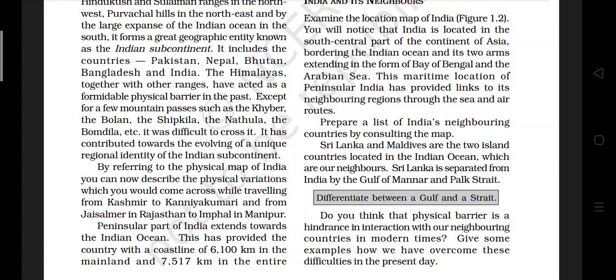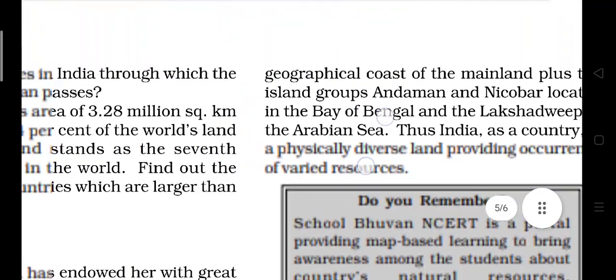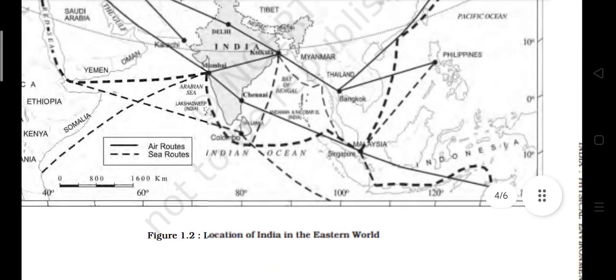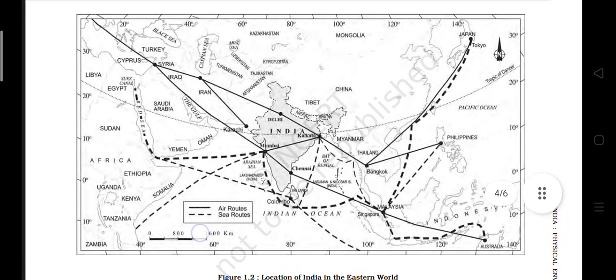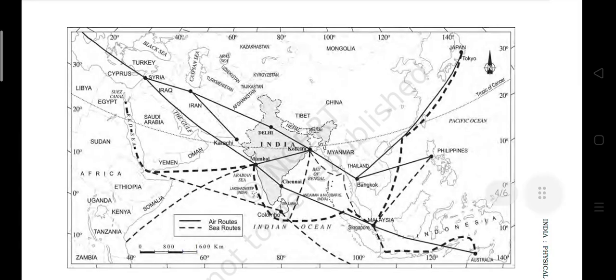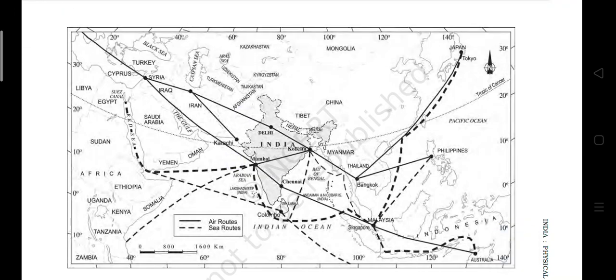This maritime location of peninsular India has provided links to its neighboring region through the sea and air routes. And India's neighbors are Pakistan, Afghanistan, China, Myanmar, Sri Lanka, Bhutan, Nepal.